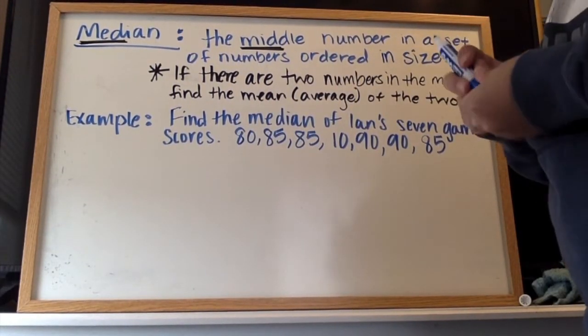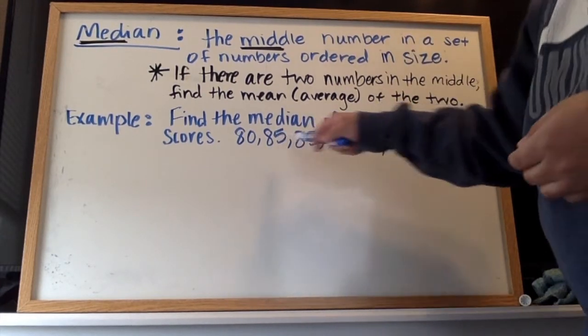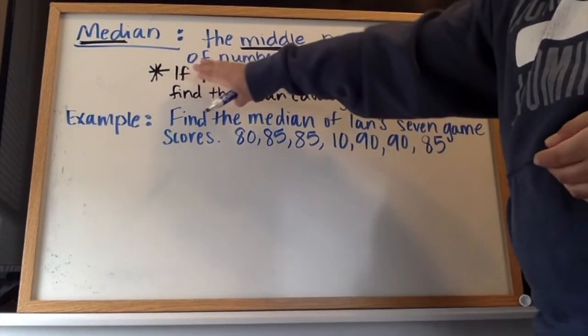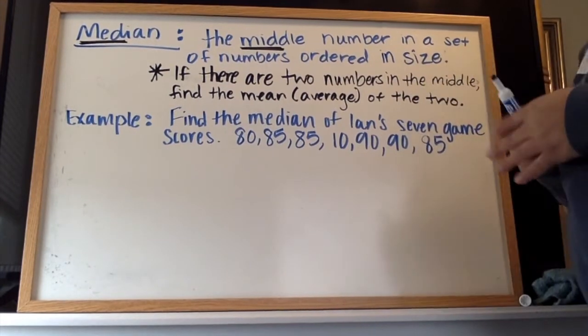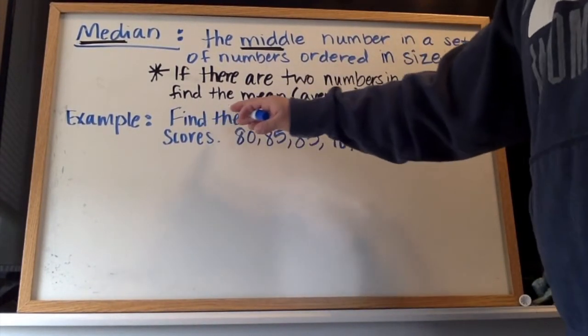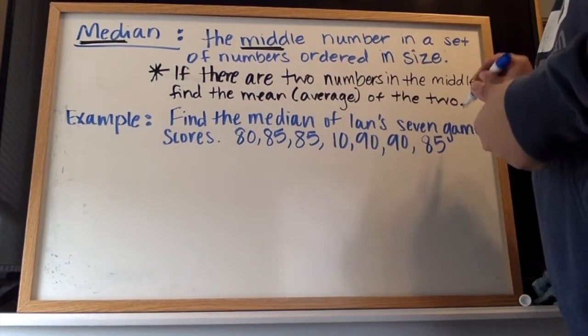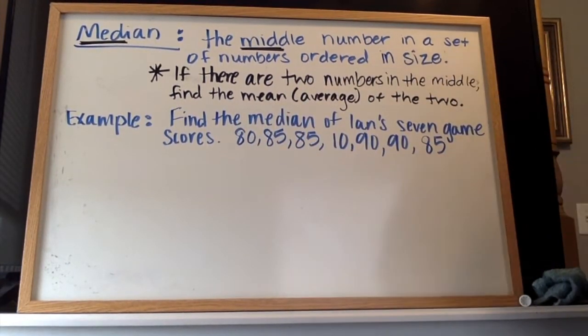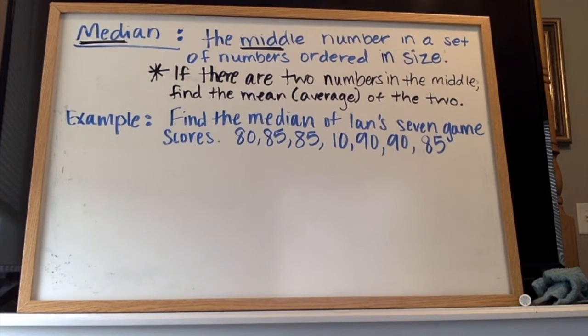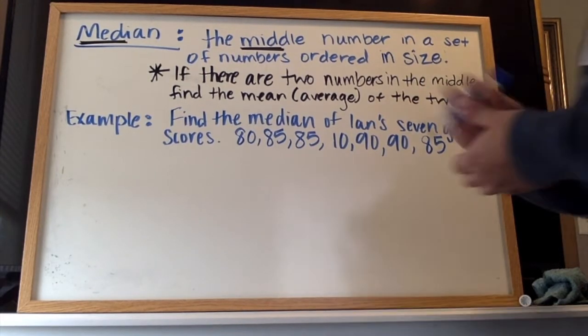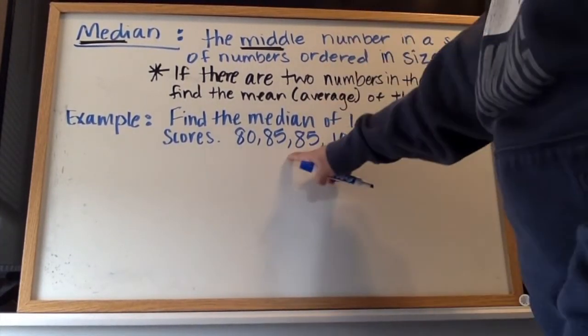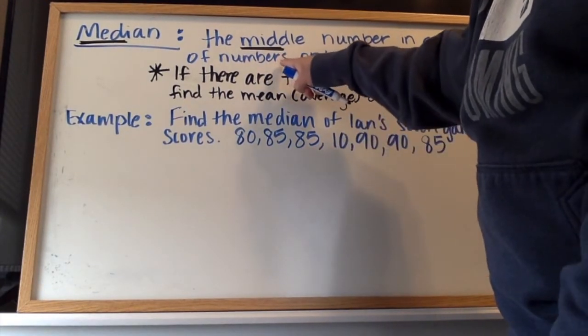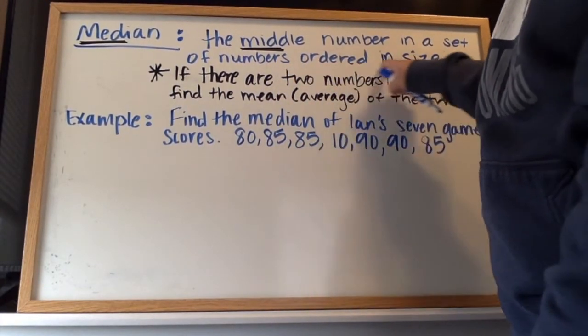So, I'm going to go over this example before we talk about the if statement I made, okay? This example says, find the median of Ian's 7 game scores. These are the 7 scores that we had earlier in the last example. So, by the definition of median, we need to set our numbers up in order in size.